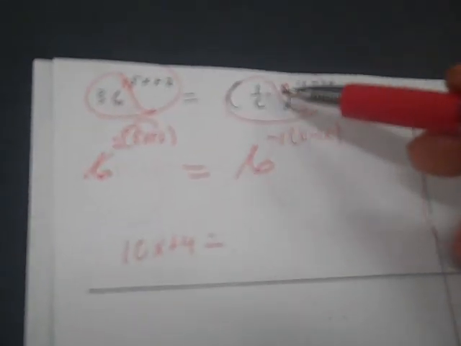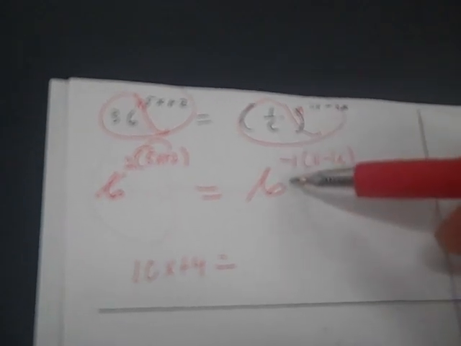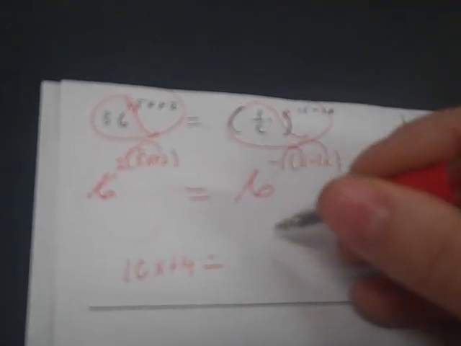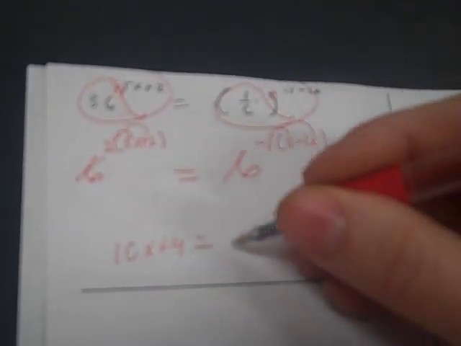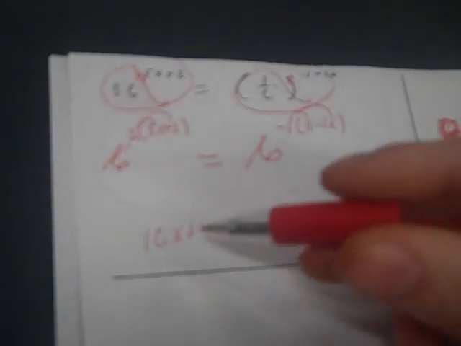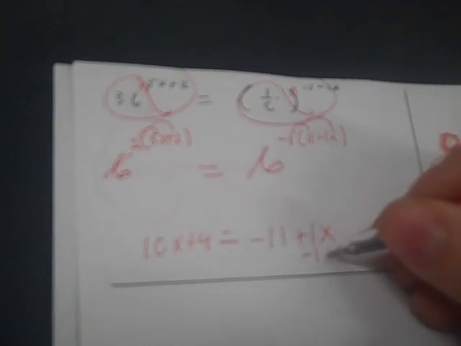Again, I had to rewrite that because I just wanted 6, but if it's the reciprocal, I put a negative first power. Then distribute. Negative 1 times 11 is negative 11. Negative 1 times negative 1 is positive 1x. So get the x's together on one side. Minus 1x, minus 1x.